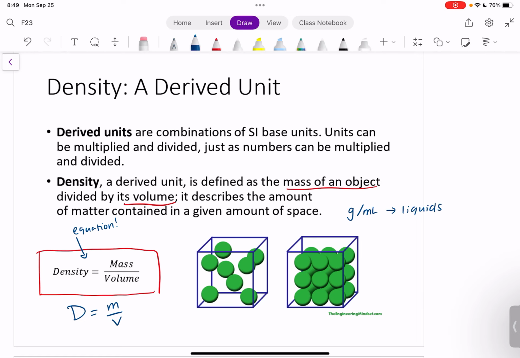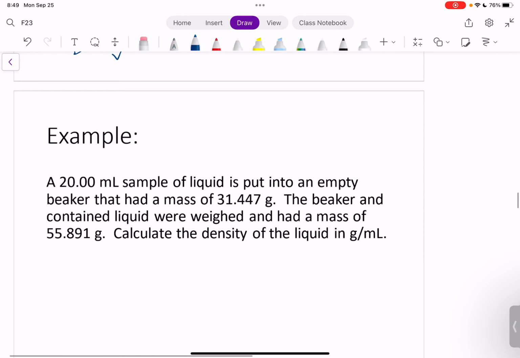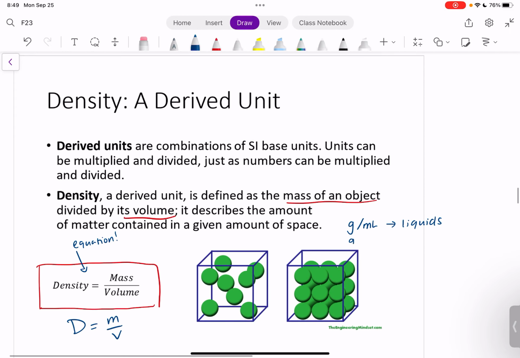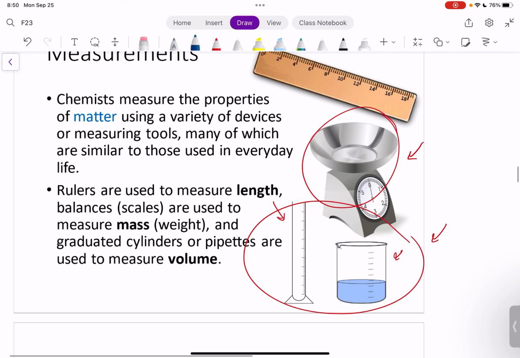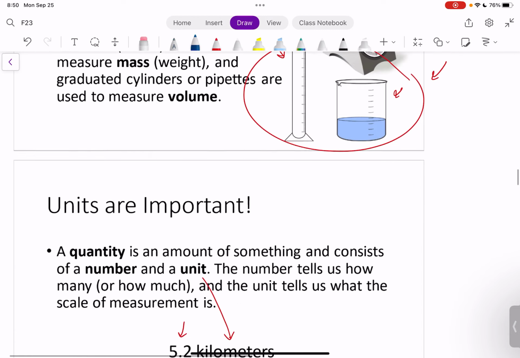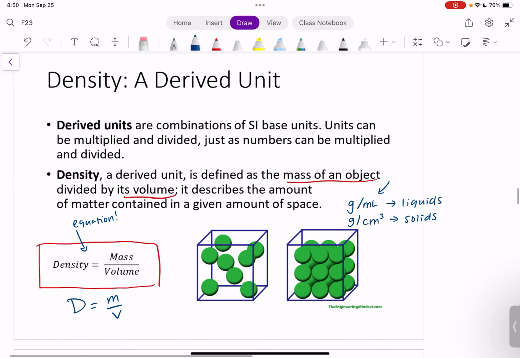But for solids, something like that solid rectangle that we have here, we usually report our density in grams per centimeters cubed, or cubic centimeters. And the reason for that is that for liquids, it's easy to measure in milliliters, because we're going to use something like a graduated cylinder or a beaker, and it's going to read out how many liters we have, or milliliters.